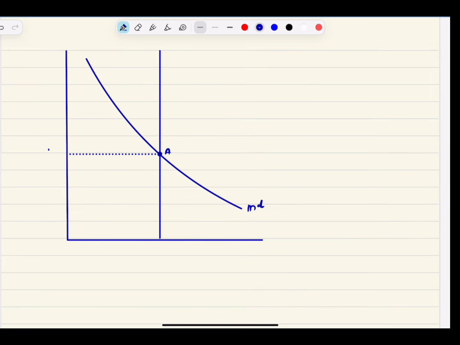So this is my equilibrium interest rate. Suppose the interest rate deviates because of whatever shock, and I'm actually assuming that inflation expectations are 0, so therefore the real interest rate is the same as the nominal interest rate, for simplicity.